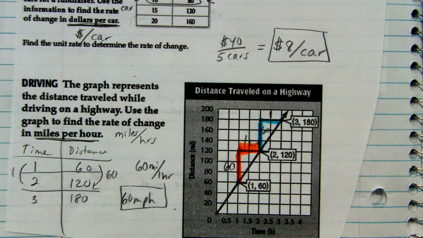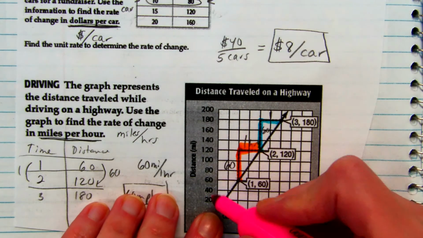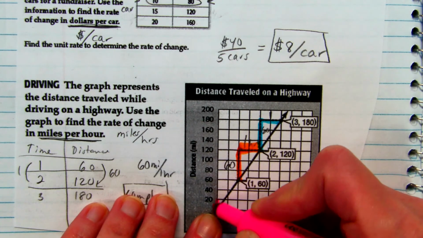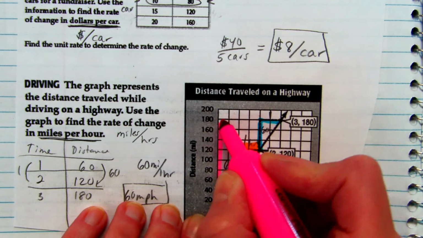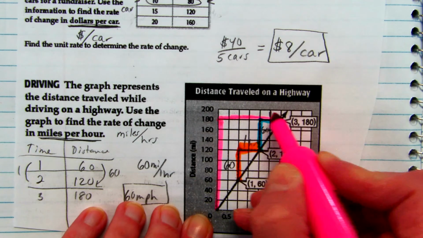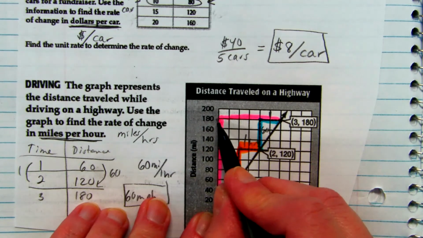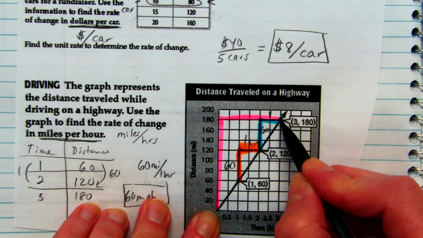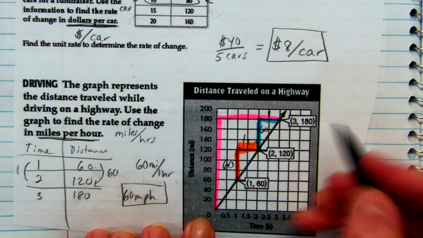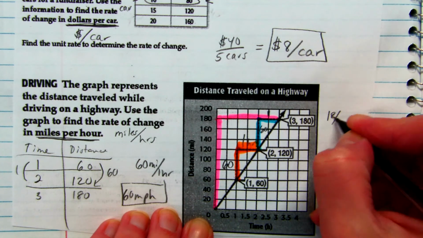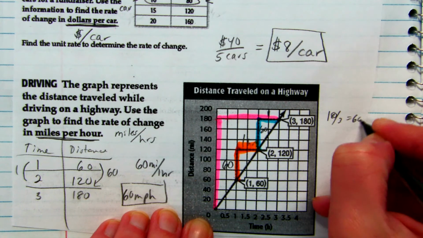If I go all the way from this point down here at the origin up to that top point, let's say, I could make a really big triangle like this. And I would be going up 180 and over 3. So 180 divided by 3 is still 60 miles per hour.